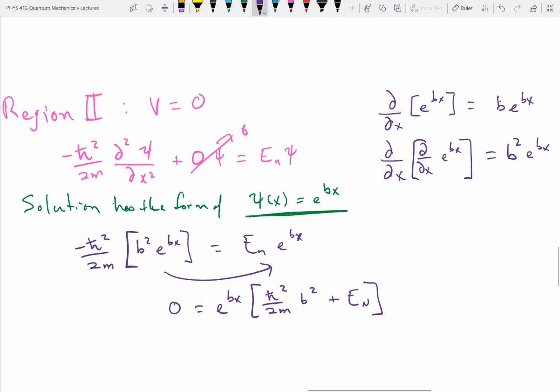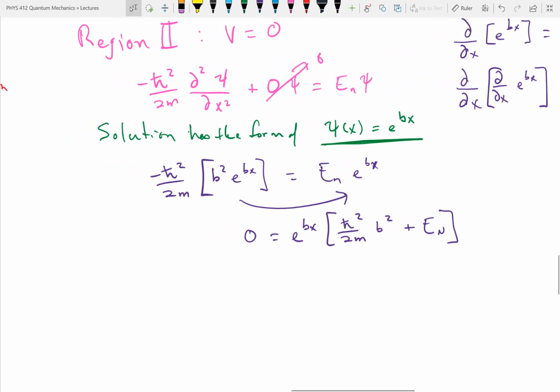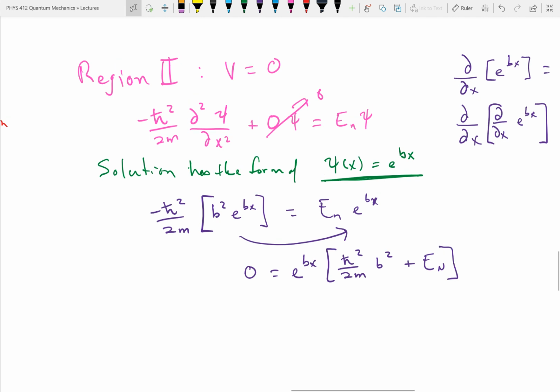Now, there are two situations that can make this true. Situation number one would be if e to the bx is 0, which would require bx is equal to minus infinity. Well, if b is plus or minus infinity, in this region, my x's are all positive, right? Region 2, the x's are all 0 and positive.